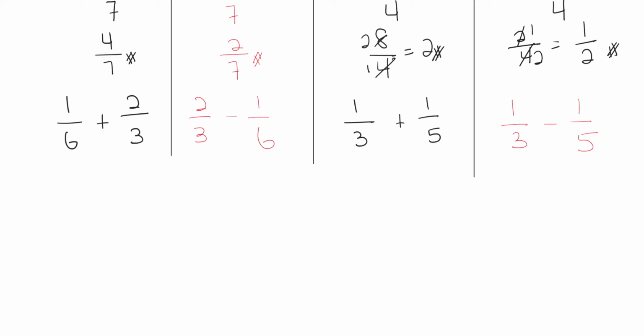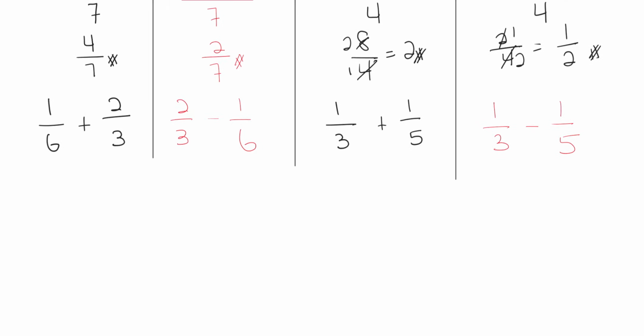Now I have denominators that are not common. So what we need to do is basically change one of those fractions to look like the other fraction. So in this case, I have denominators which are 3 and 6. I know 6 is a multiple of 3. Therefore, I can just multiply this by 2 so that the denominator becomes common.